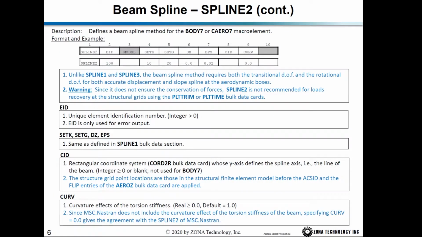So the last entry is called curve, and it can include the curvature effect of the torsion stiffness. The default is 1, and since MSC Nastran does not include the curvature effect of the torsion stiffness of the beam, specifying curve equal to 0 gives the exact result as the spline 2 card of MSC Nastran.